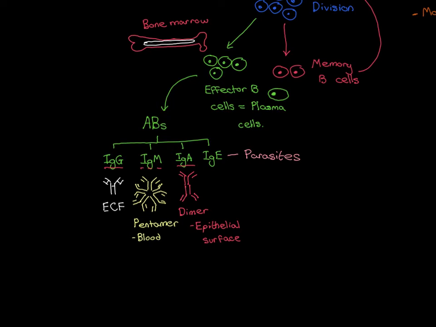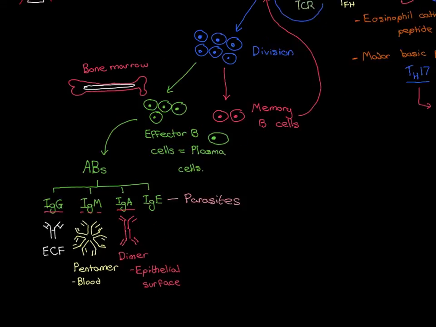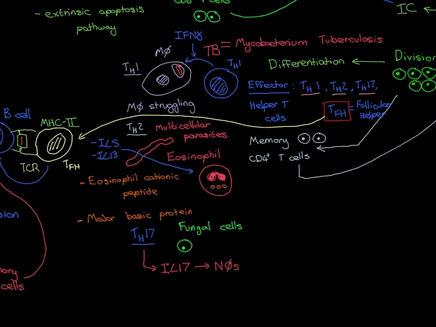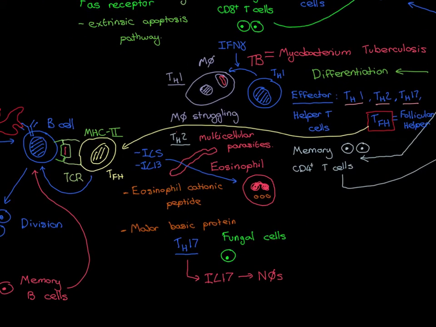And the reason this is a parasite response is that it can bind onto the surface of the parasites, obviously, because it can bind to the antigen that it's directed against, which may well be on the surface of the parasite, and then it directs the eosinophils towards the multicellular parasite. So remember, the story as we got up to was the T helper 2 cells come into the area of inflammation.